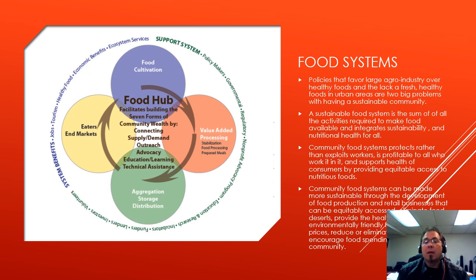It helps get fresh fruits and vegetables to those areas that don't have them, but it also creates a sense of community, because you have equitable access to everything in that community. They could also be made more sustainable, and then you could have other retailers that provide healthy, environmentally friendly foods at affordable prices. This is a huge issue.